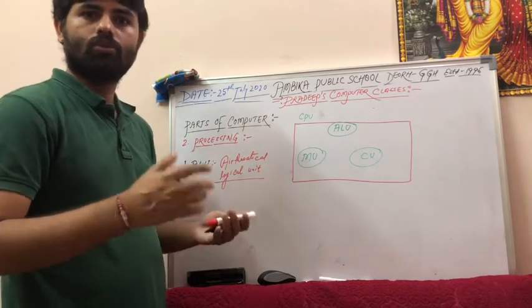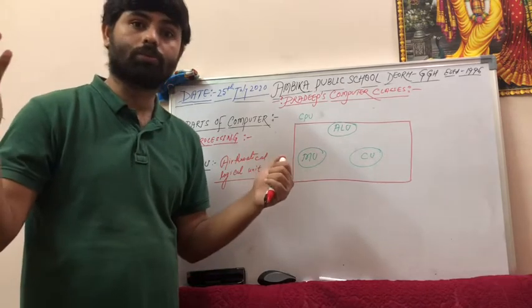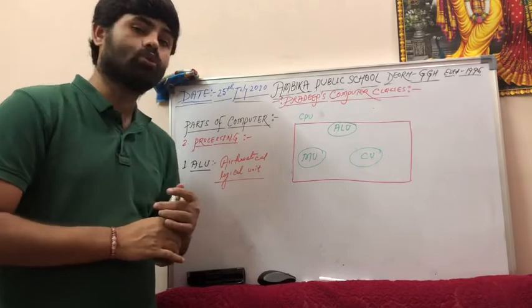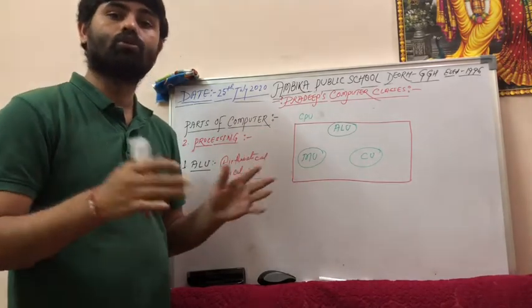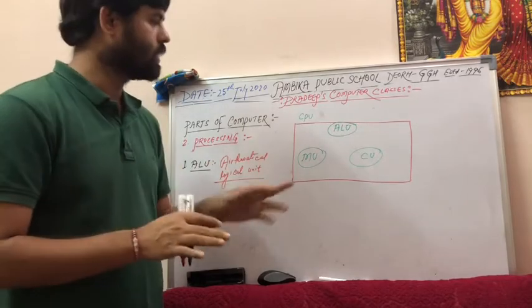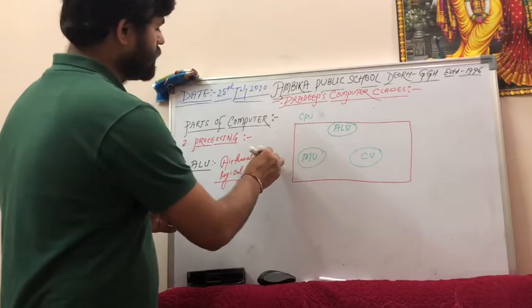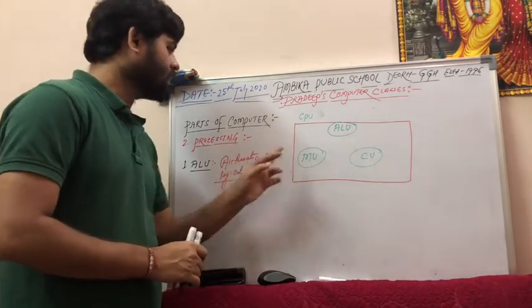Arithmetic means 2 plus 2 is 4, very small things, but similarly there is a huge number of things present, right? I have given a small example. Even if you say 2 plus 2, the CPU is doing it. Even if you say 89,555 into 2 into 255 plus something, the CPU is doing that also.